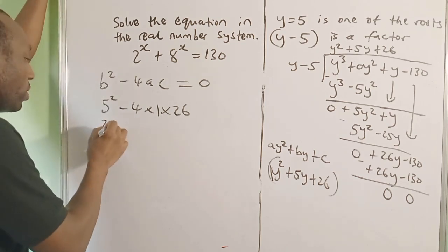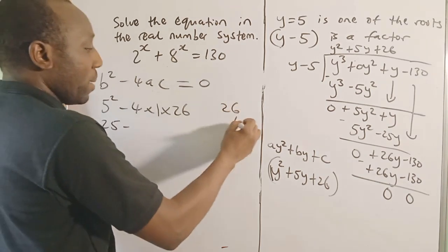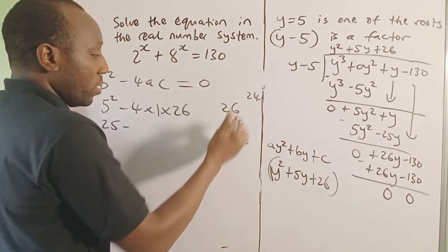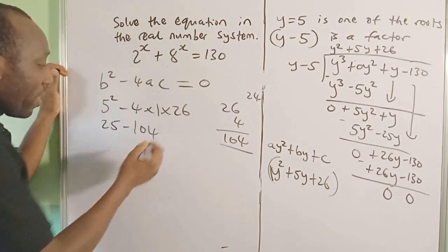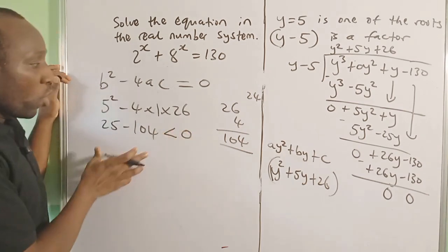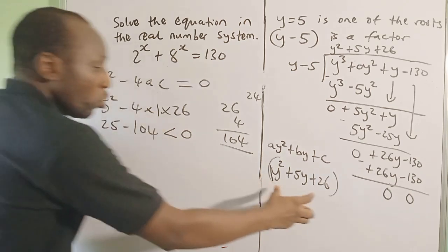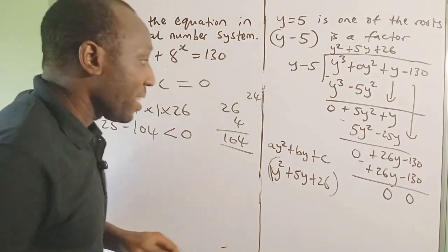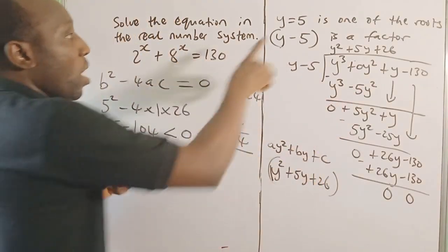So 5 squared is 25 minus 4 times 26. 26 times 4 is 104. And clearly, this will give us a number that is less than 0 because we'll get a negative value here. So it means that the root that this will produce will be imaginary. And we're going to put it aside and then focus on the real root, which is y equal to 5.